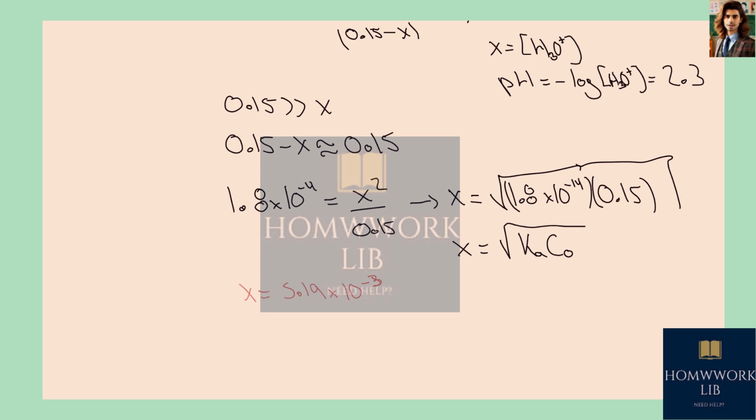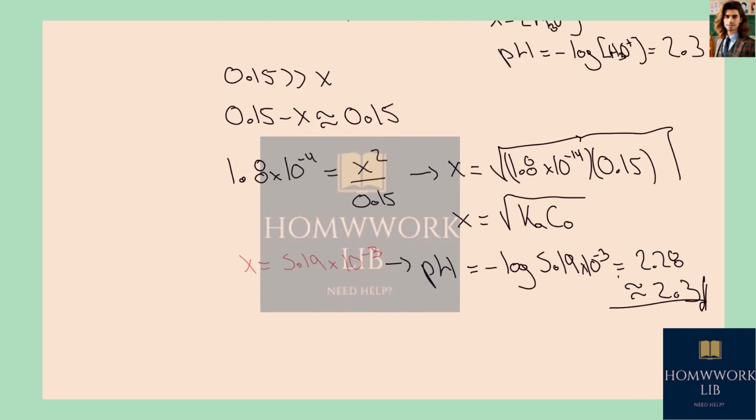And this gives us a pH of, again, minus logarithm of that concentration, 5.19 times 10 to the minus 3. That gives 2.28, which is approximately 2.3. So the approximation is valid, and we can use it. In both scenarios, the result is 2.3 as pH.